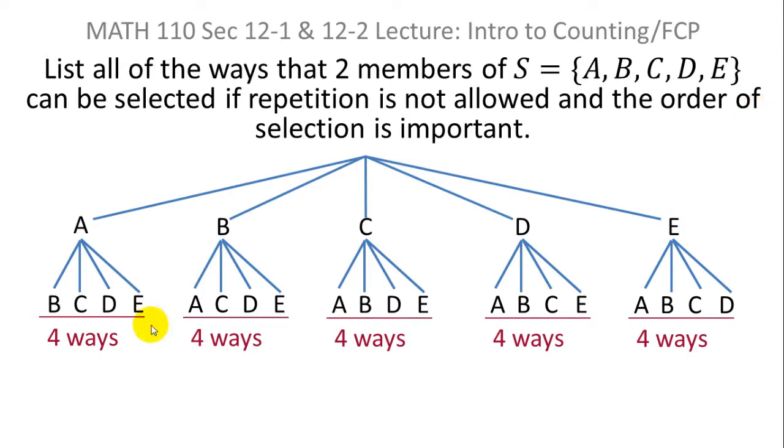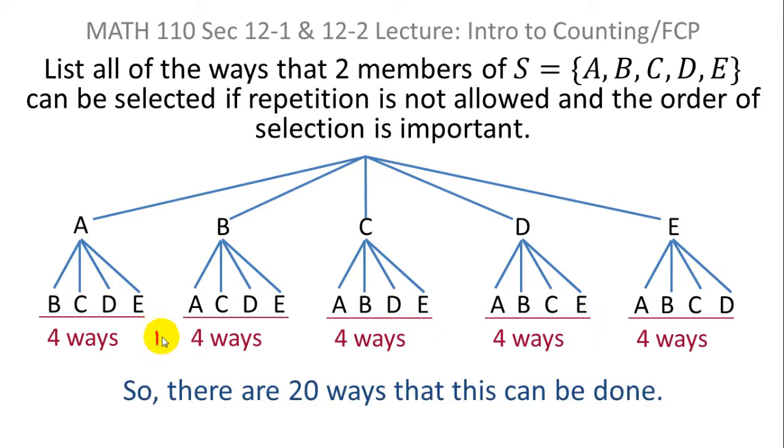So in the end, there will be 4 plus 4 plus 4 plus 4, which is a total of 20 different ways that this can be done. Notice the wording matters. Let's vary it one more time.